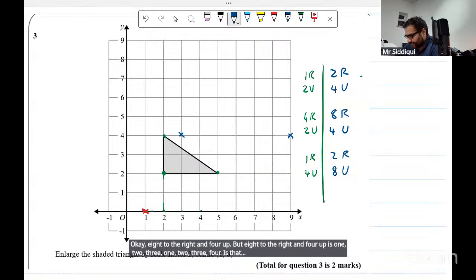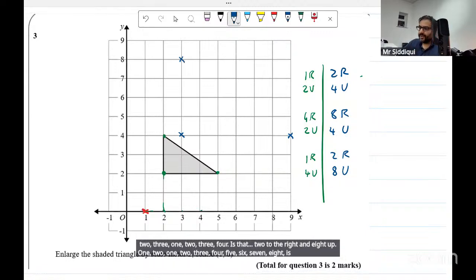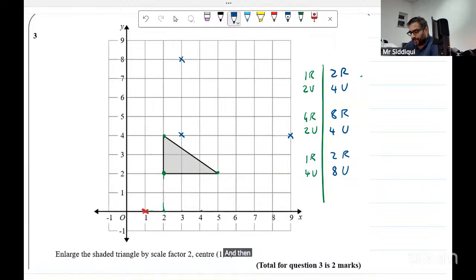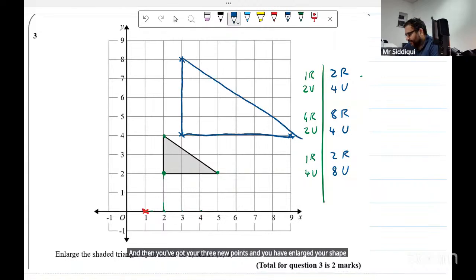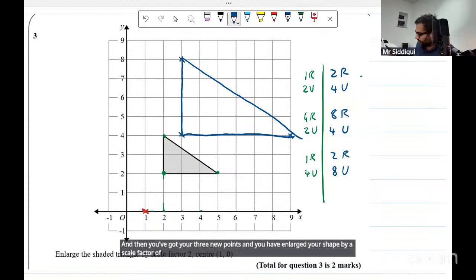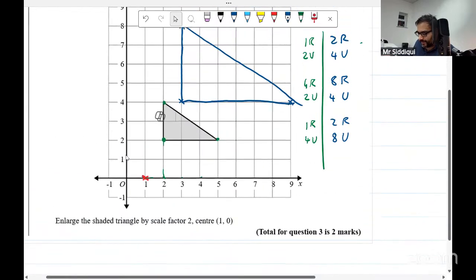Two to the right and eight up. One, two, three, four, five, six, seven, eight is there. Just be careful of that. And then you've got your three new points, and you have enlarged your shape by a scale factor of two from that center point. And that's it. That's how you do that kind of question.